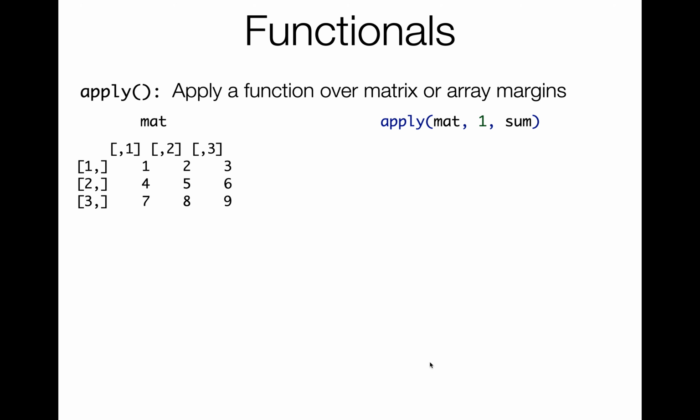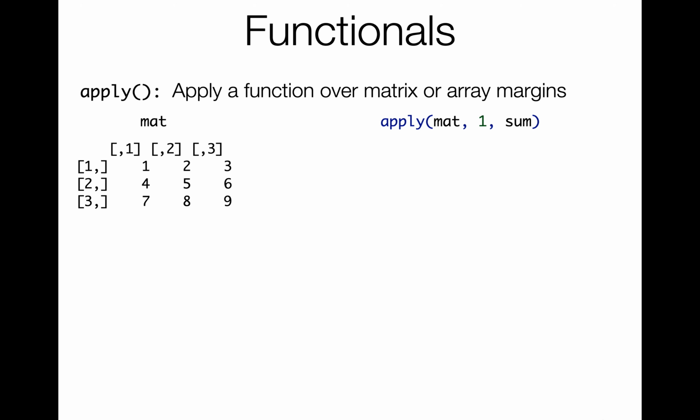The 1 in the middle tells apply which margin to apply the function over. 1 signifies rows, so I would apply the function over the rows, and I'm going to apply sum. So at the end, I'm going to get 3 numbers.